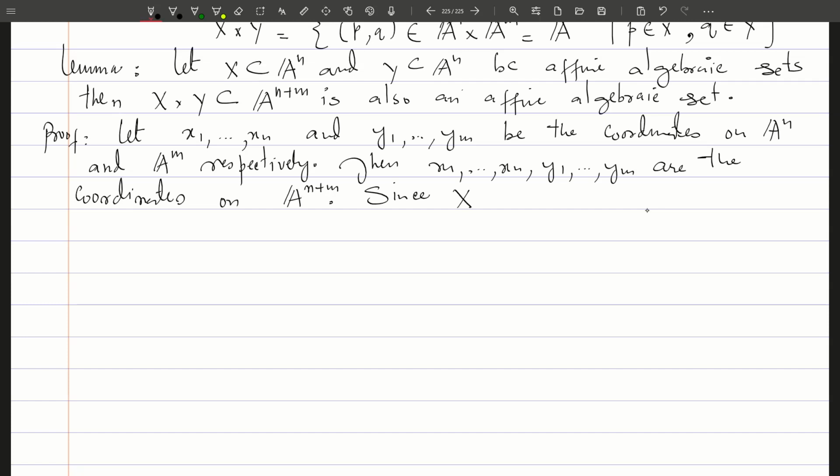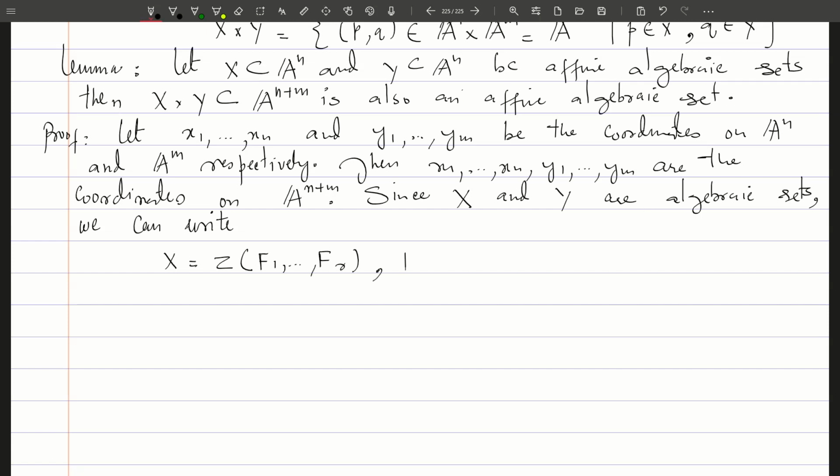So we can write X as the zero set of some polynomials, suppose f1 up to fr, where these fi's are polynomials in the polynomial ring in the variables x1 up to xn.